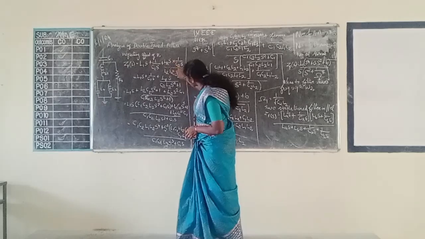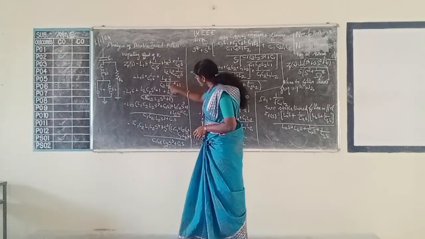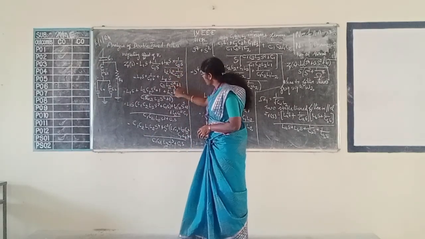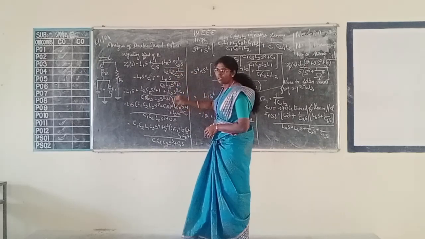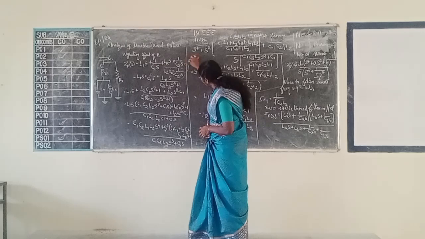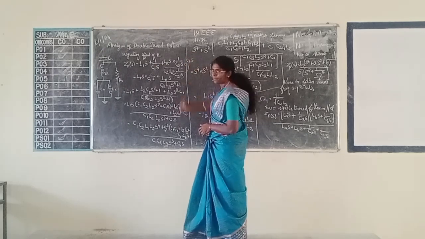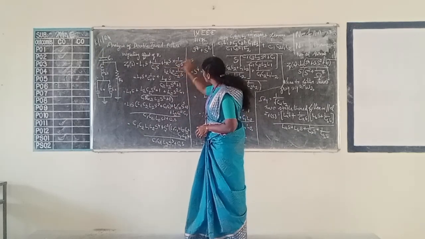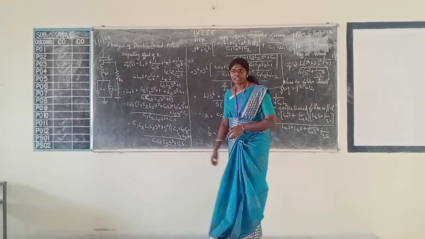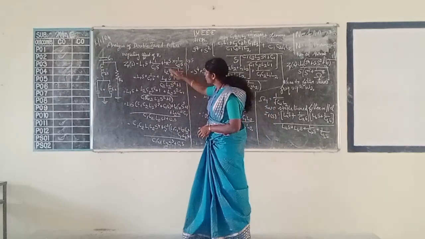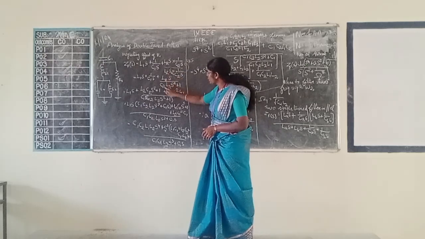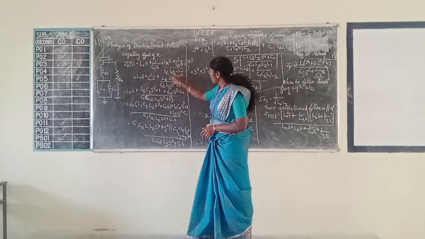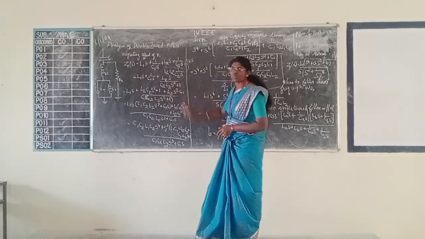If you cross multiply it, it is L2C2s squared plus 1. The denominator term will be here, and if we take it to the numerator, here is the C2s term. These two C2s will get cancelled. And what term will remain? L2s divided by L2C2s squared plus 1.